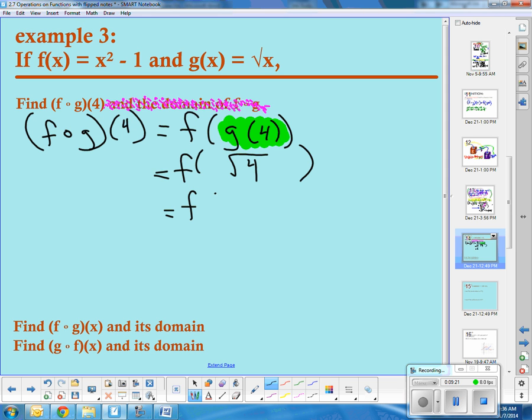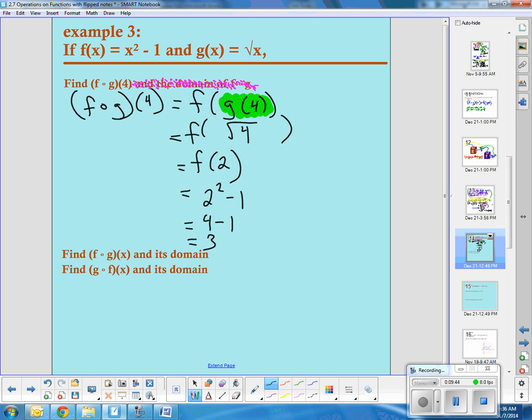And the square root of 4 is 2. So now I'm going to find f of 2, which would be 2 squared minus 1. So that's 4 minus 1, which equals 3. So that's how we evaluate function composition for a specific value. We're kind of treating it like we do with our other operations, specific and general. All right, so that's a specific case.